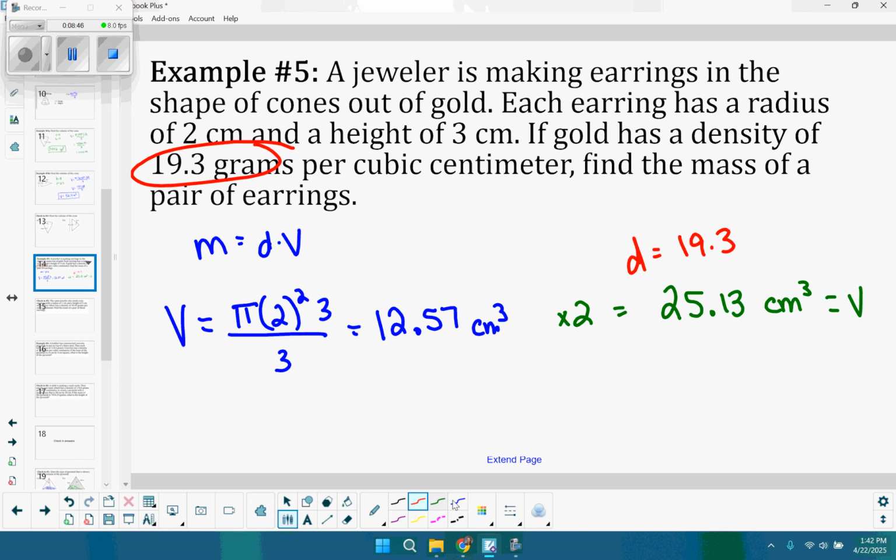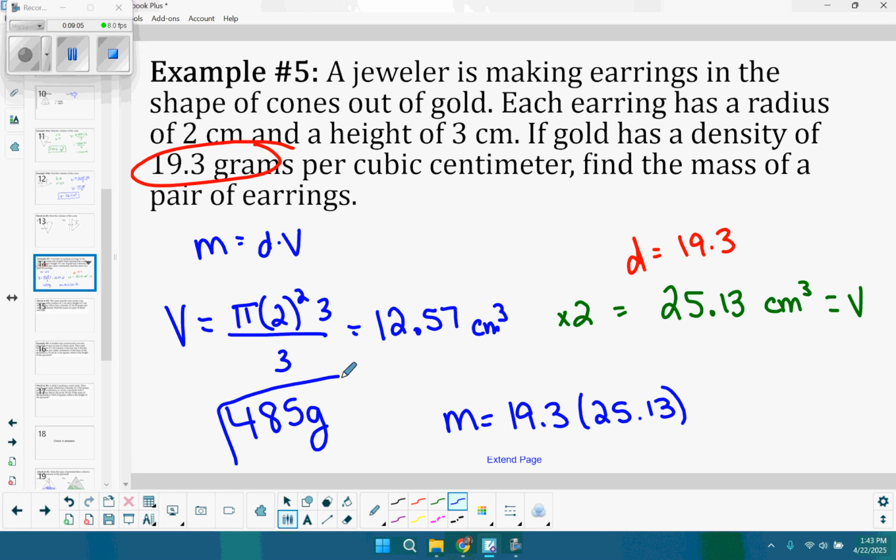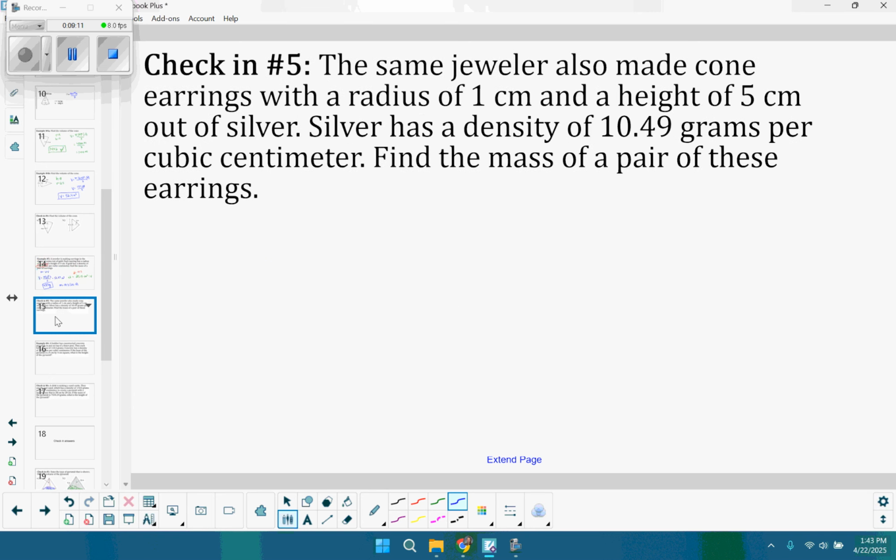So mass is density times volume. So I get about 485 grams. So check in here for you to try. Pause. Answers are posted on Google Classroom.